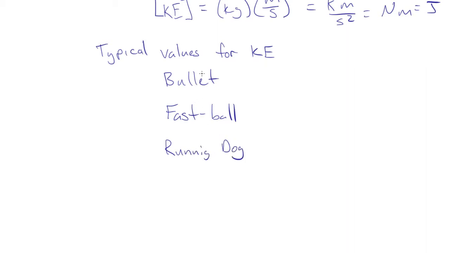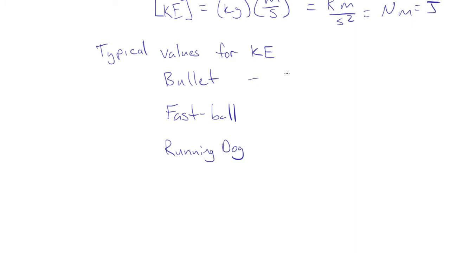A bullet moving at typical bullet speeds, a fastball moving at typical fastball speeds, and a running dog moving at typical running dog speeds. What do you think has the largest kinetic energy? A bullet has very small mass, a fastball a middle mass, a running dog a bigger mass; the bullet has bigger velocity, the fastball moderate velocity, and the dog is kind of slowish.